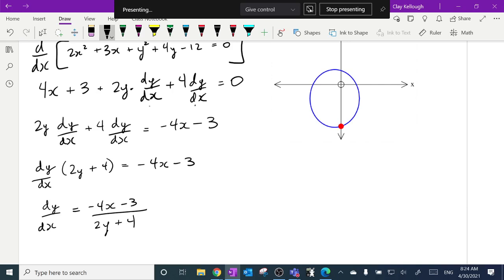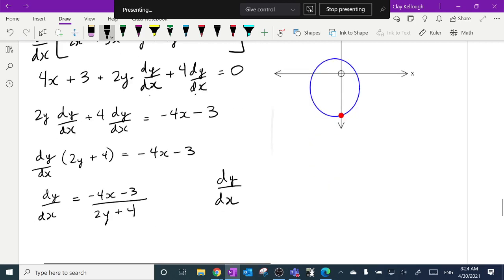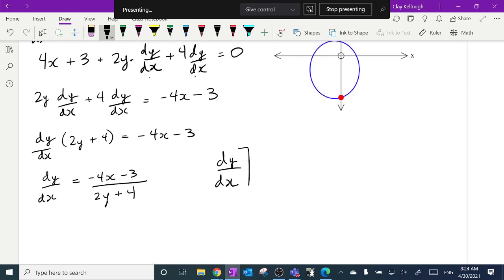And I want to know specifically what that is at the point, what was the point again? (0, -6). So I need to know this at the point (0, -6). So I'm going to replace the x with 0, and I'm going to replace the y with -6.